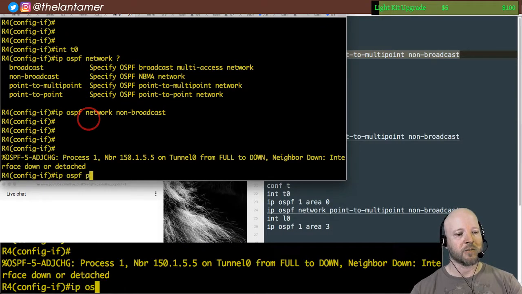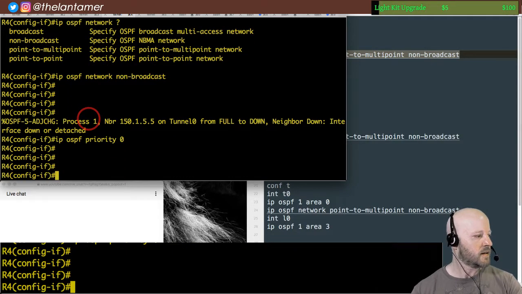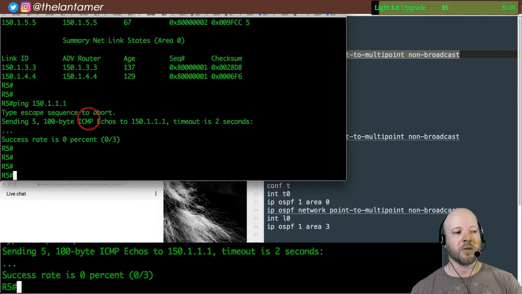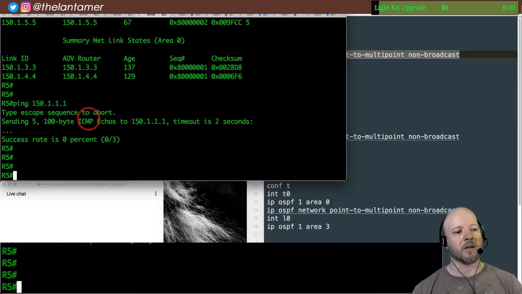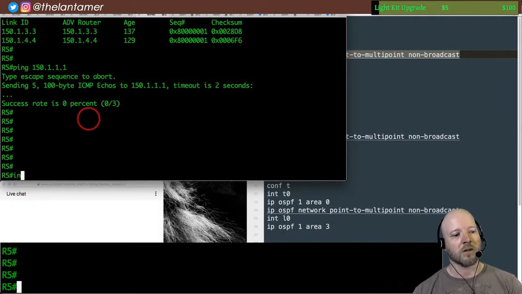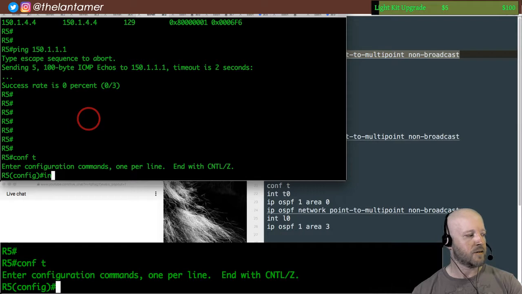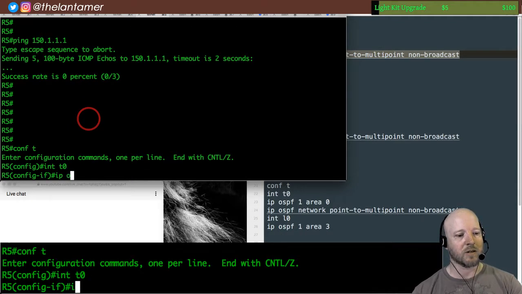IP OSPF priority 0. And then the difference here, router 5. Oh, because router 5 is going to act as the hub. So router 5 needs to... I'm not sure why they're doing this. Interface tunnel, IP OSPF network non-broadcast.